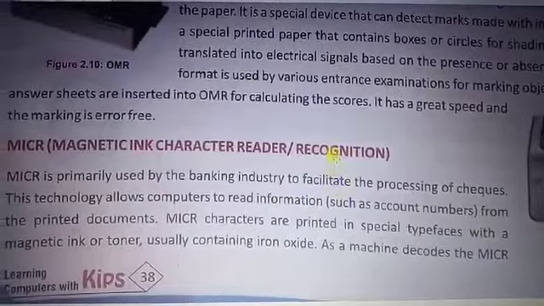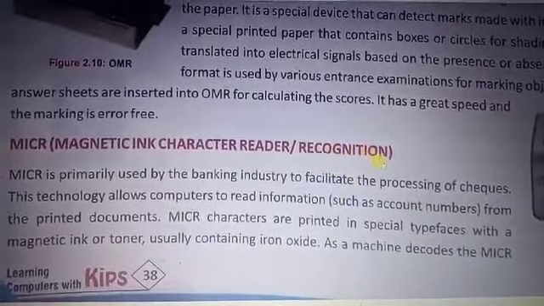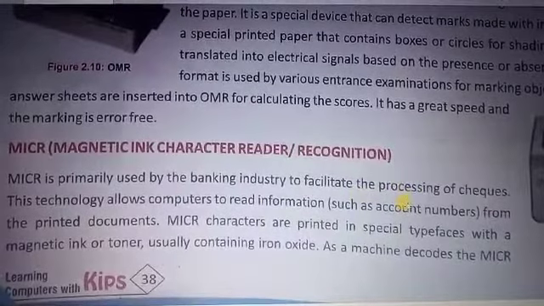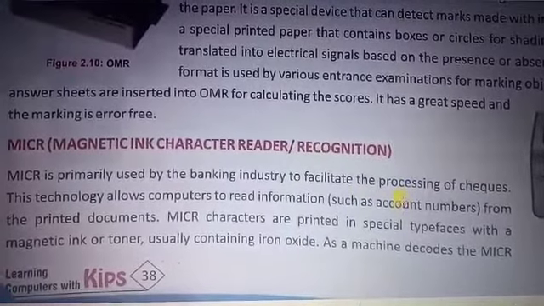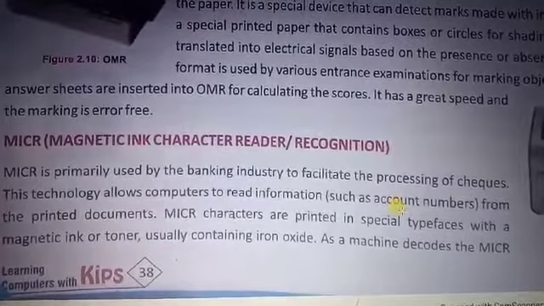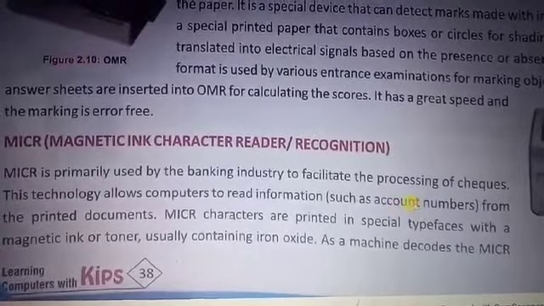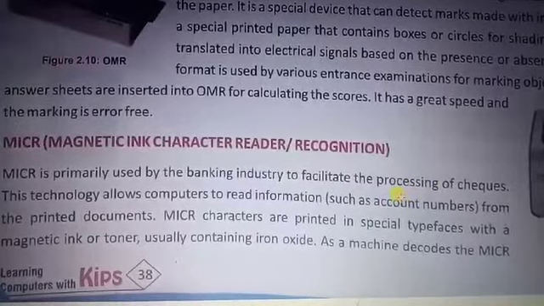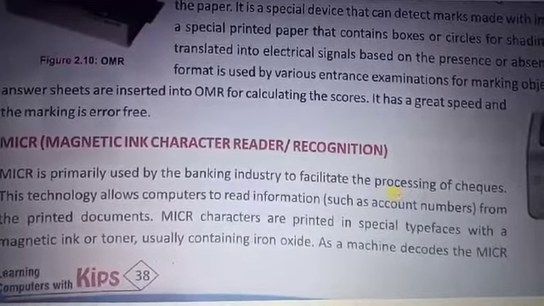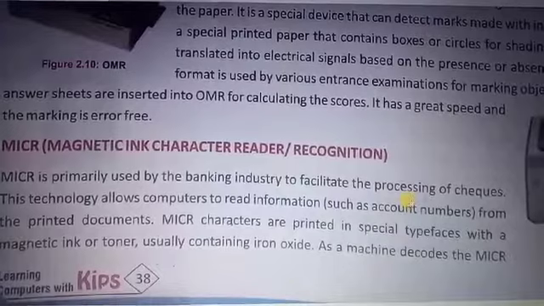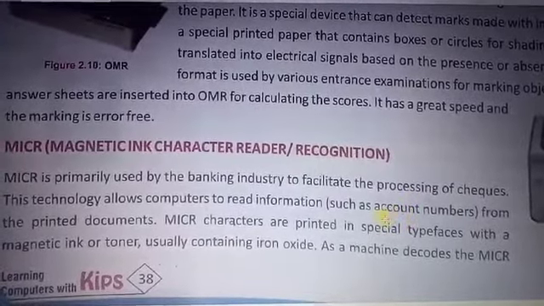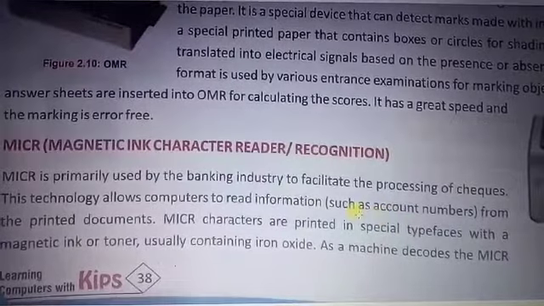Then the MICR, magnetic ink character recognition or reader. This kind of scanner basically checks whether a banker's check is an authentic check or a clone kind of check. Basically, MICR is a 16-digit number that can be defined with different kinds of patterns, and there is one kind of electromagnetic ink.